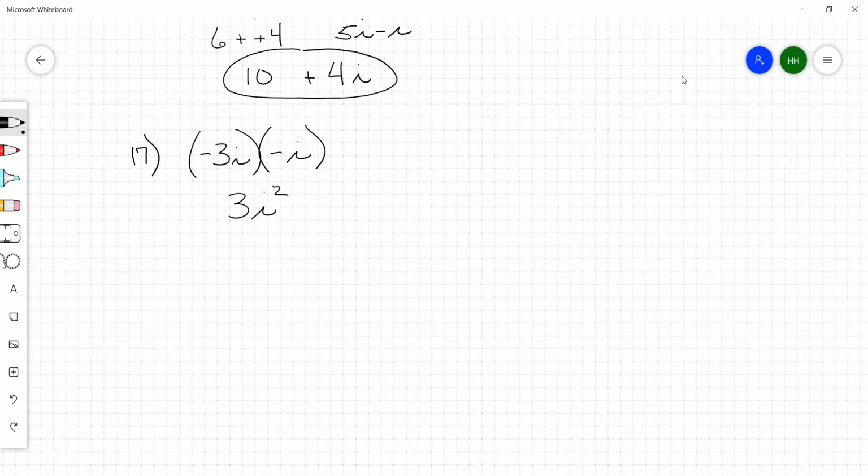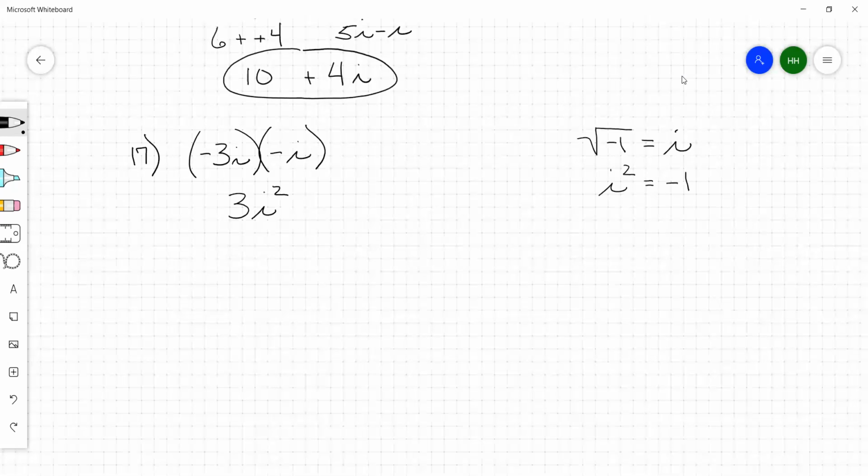Now, we said earlier today and earlier this week as well that the square root of negative 1 is equal to i. If the square root of negative 1 is equal to i, then i squared is equal to negative 1. So in this problem right here, we've got 3i squared.